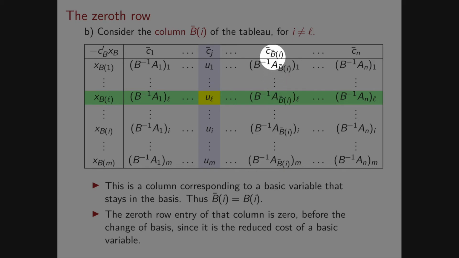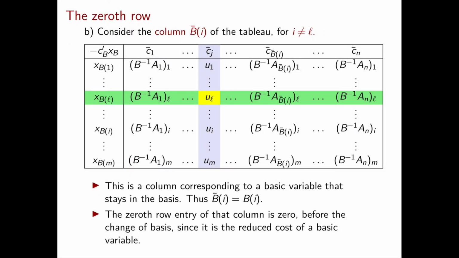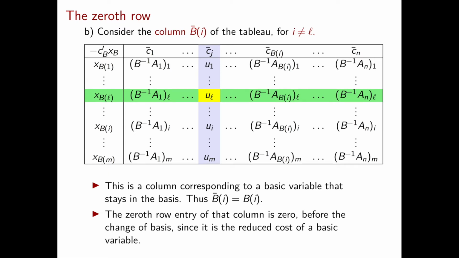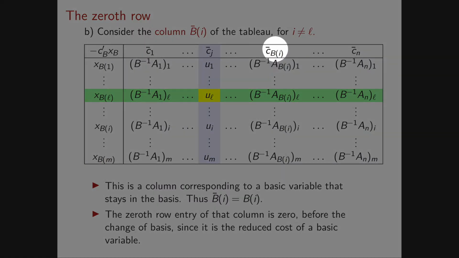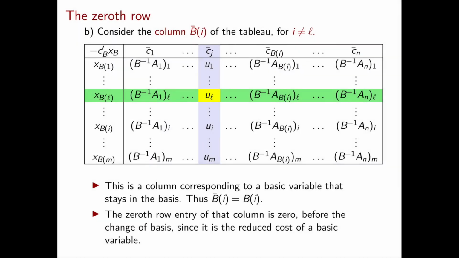Therefore, in our column, we can just replace B bar I with BI. So this column corresponds to a variable that was basic also at the beginning of the iteration. Therefore, its reduced cost at the beginning of the iteration was 0. So we can now replace this C bar BI with a 0.